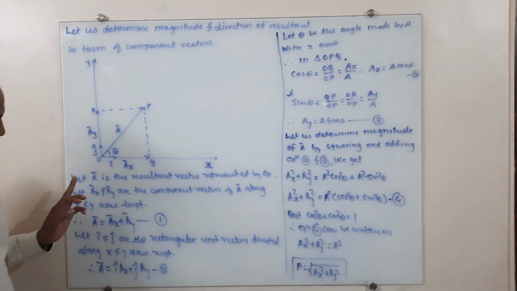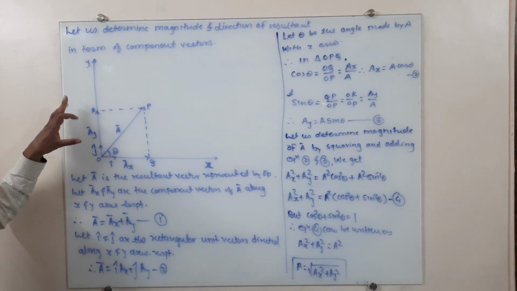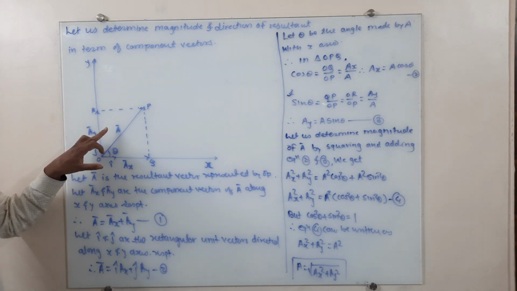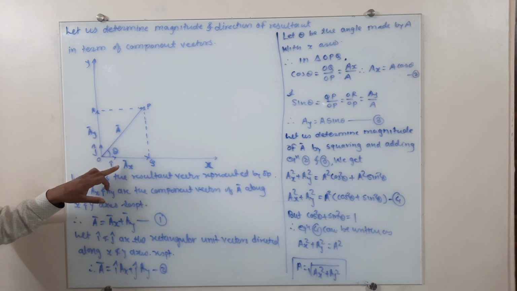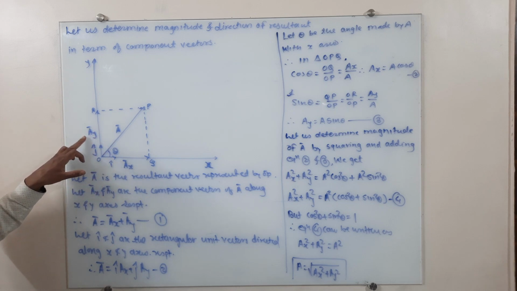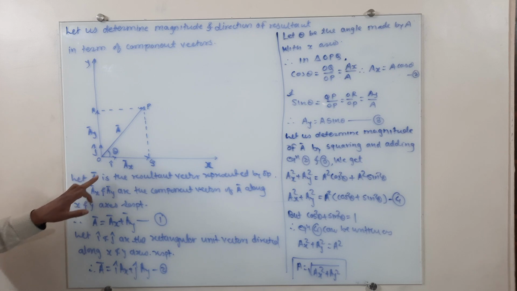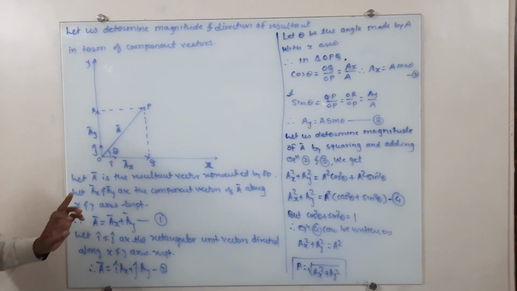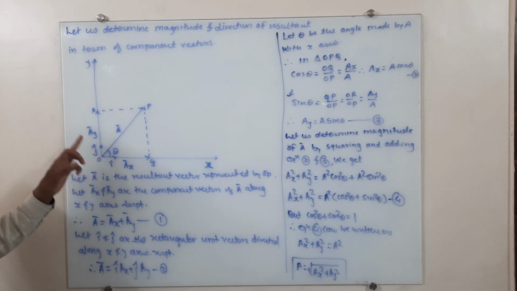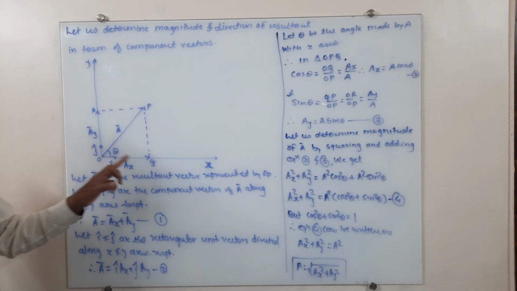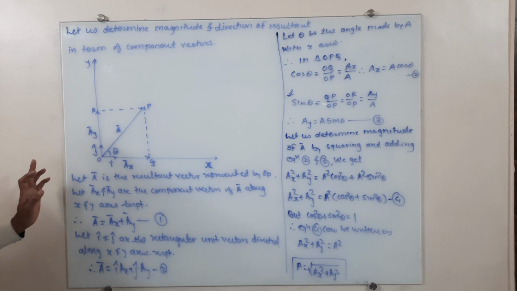Listen carefully. From this figure, we determine the magnitude and direction of A bar in terms of their components AX bar and AY bar. Let A bar be the resultant vector represented by OP, and their components AX bar and AY bar are represented by OQ and OR. Therefore, we get A bar is equal to AX bar plus AY bar.